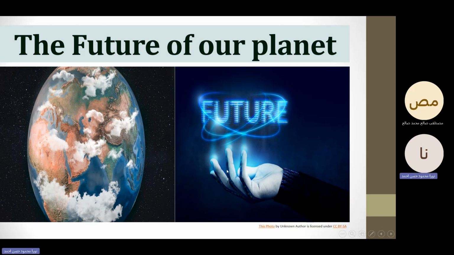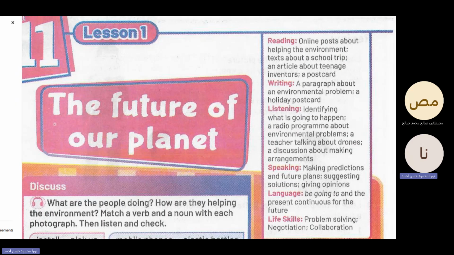Okay, so what are the aims of today's unit? Concerning the reading section, we will read online posts about helping the environment. How can we help the environment? We will also read texts about a school trip, an article about teenage inventors.